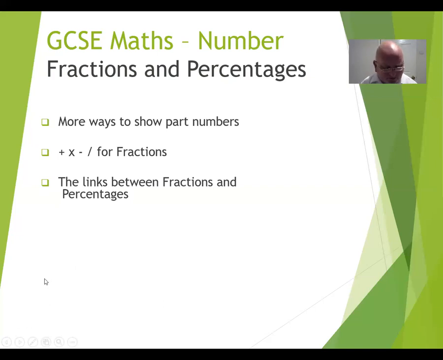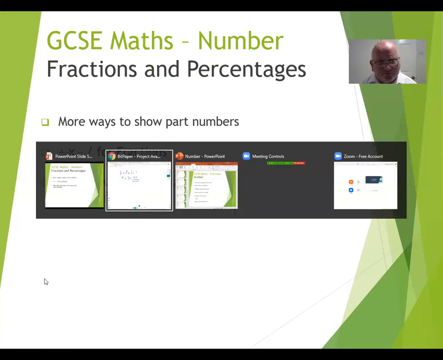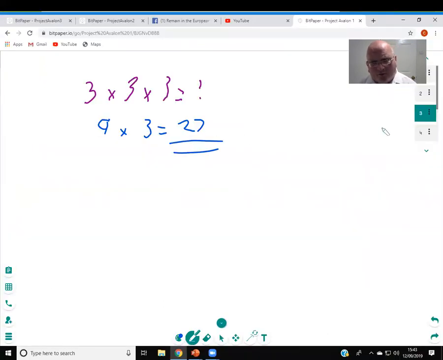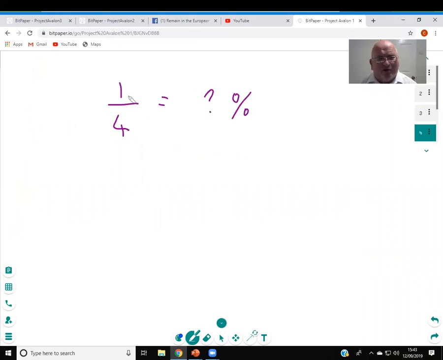So let me just go over to my whiteboard again. For example, a quarter, 1 over 4, is the way of writing a quarter. How do we write that as a percentage? Again, I don't expect you to know this. You'll be tutored on this at some point on your course. You multiply that by 100, and you get 100 divided by 4, which equals 25.